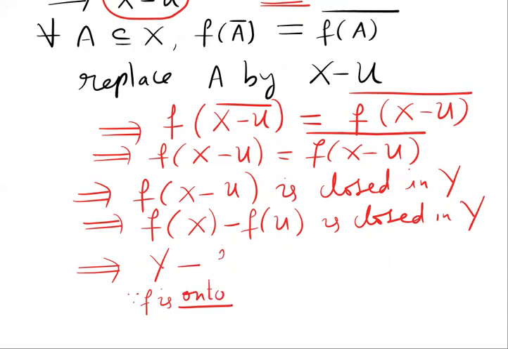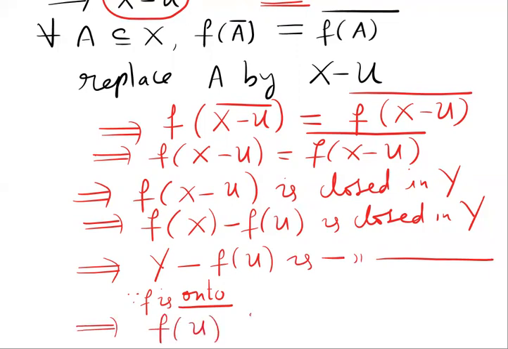Right? Y minus F of U is closed in Y. That implies F of U is open, complement, no? Remember, what was our U? U was any open set in X. And we got F of U is open in Y.